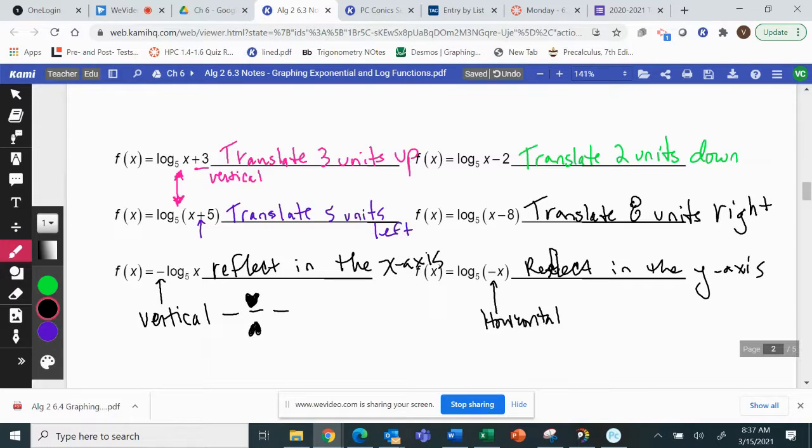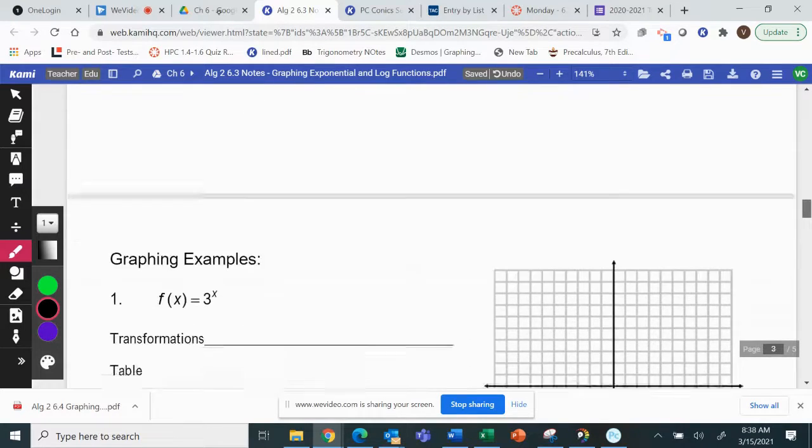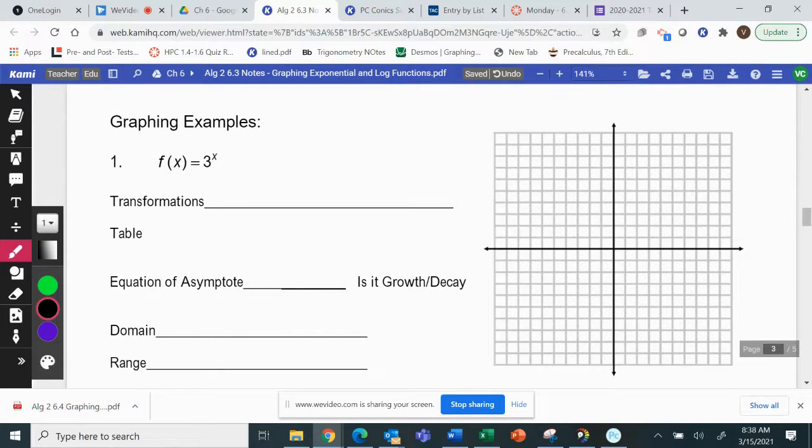Okay, so this is what we're doing today. We're going to graph a bunch of these. We're going to have both logarithm and exponential. So we're going to start by looking at f of x equals 3 to the x. You have to determine, is this logarithmic or exponential? Hint, does it say log?